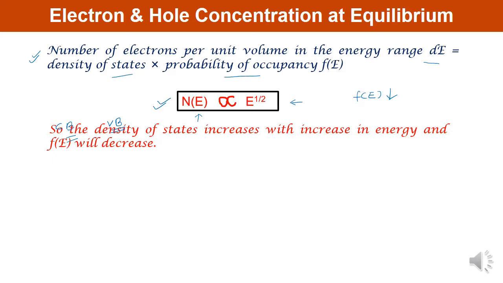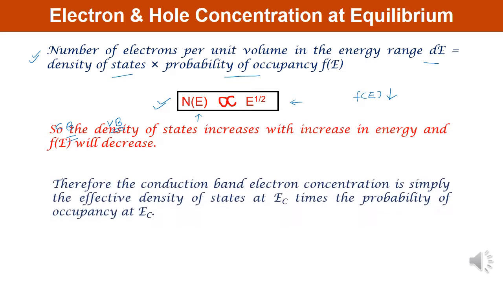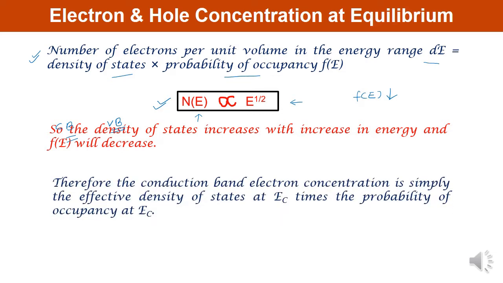So the density of states increases, as I have told you, with the increase of energy and F(E) will decrease. Therefore, the conduction band electron concentration is simply the effective density of states at EC times the probability of occupancy at EC.